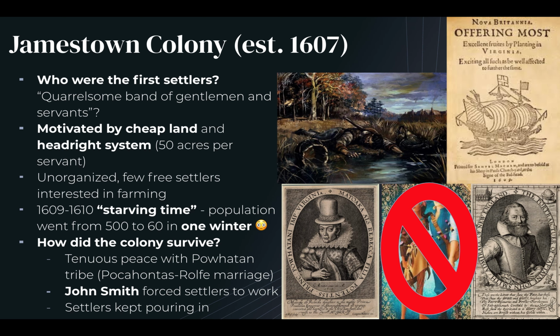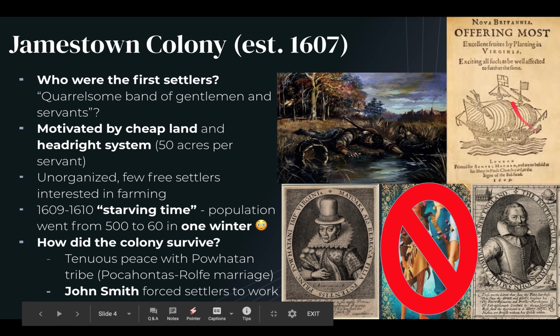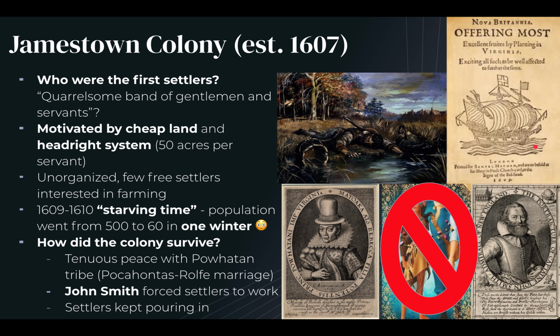The other reason why Jamestown actually survived was when people died in the settlement, more people came to replace them. And so Jamestown was still heavily advertised to potential settlers in England, and many of them, particularly once the tobacco cultivation went underway and began to see some success, more settlers kept pouring in.